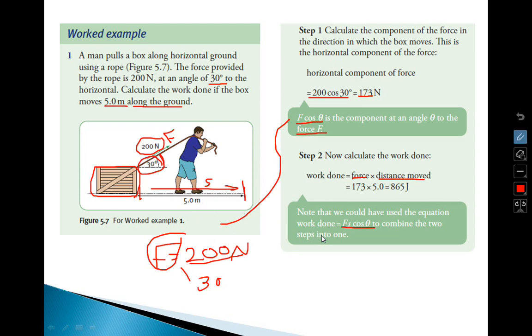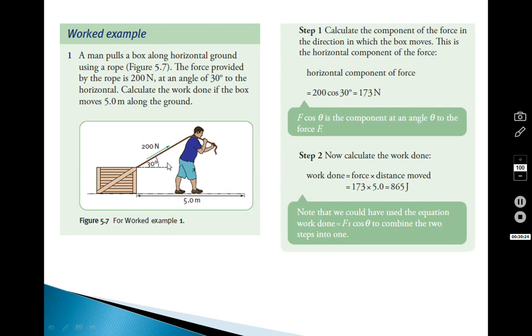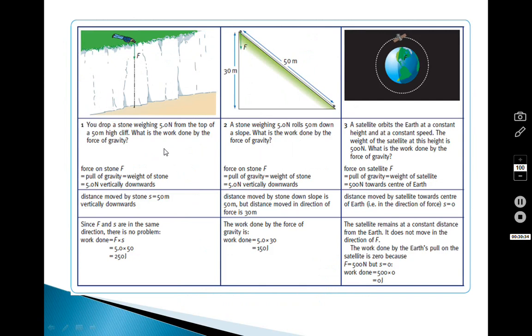They are the same, giving the same result. So now we have four examples. This is one example where the force makes an angle with the distance of movement, and we have three examples where the force is in the same direction as the distance.